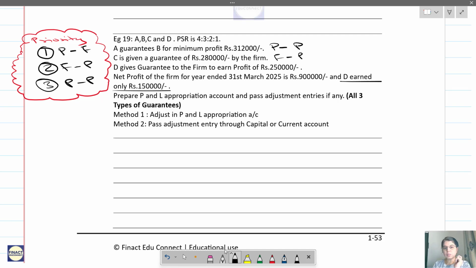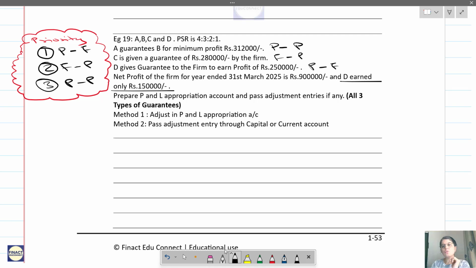So when this is specifically given, the total profit of the firm is obviously greater than 2,50,000. But the guarantee given by D is that he will bring in a profit of 2,50,000, but he has got a profit of only 1,50,000. So there is a deficiency, which we need to recover from D. So what type of guarantee is this?